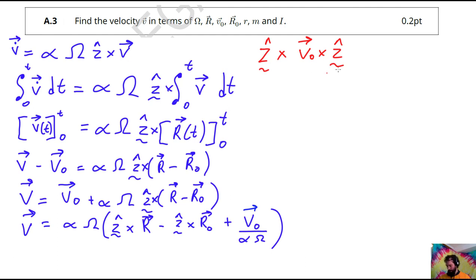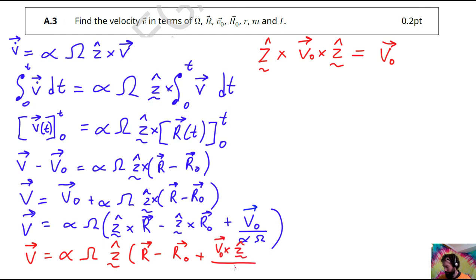But if I do my a dot c term, that's going to be pointing in the direction of v. And z dot z hat in this case is just going to be 1. So in this case, I have this nice property where this is going to give me v naught like this. So this means I can actually rewrite this by factoring out my z cross. So I'm going to get that v is equal to this expression here.